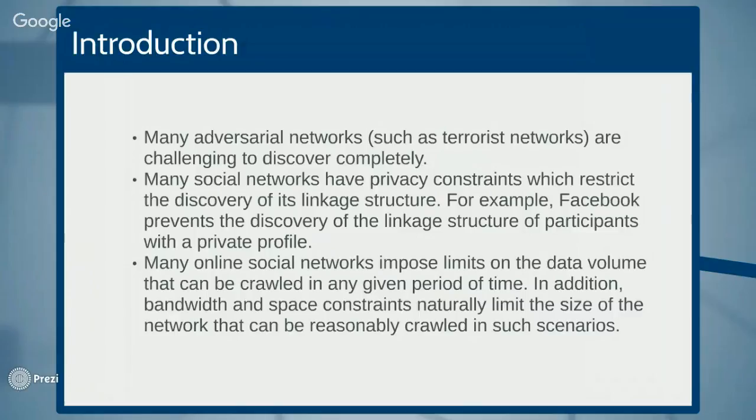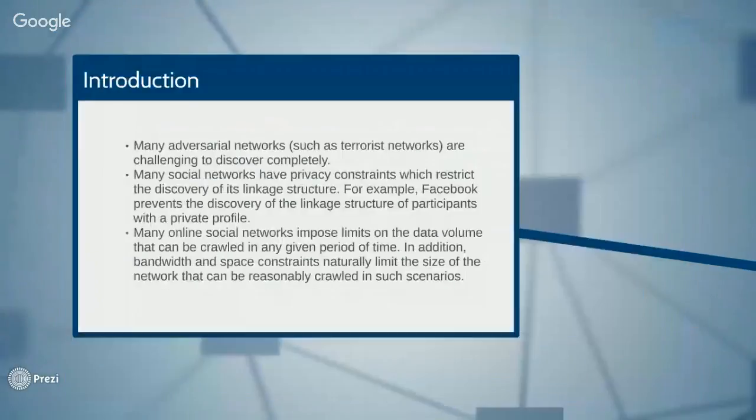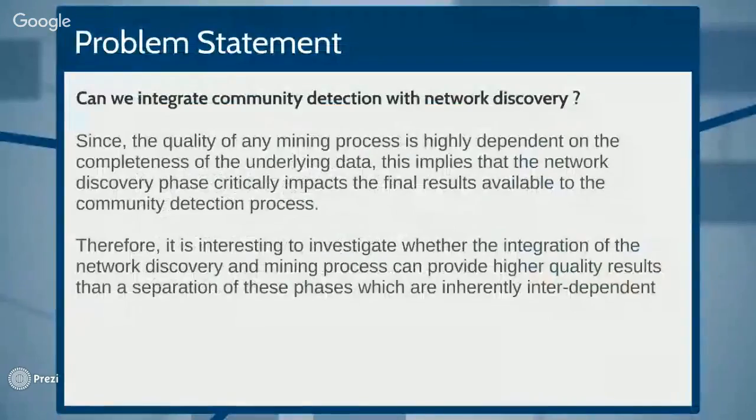It's not possible for us to get the complete graph anyhow. So it does make sense to incorporate both the parts in the same algorithm, since the quality of the mining process will obviously depend upon network discovery, so we try and incorporate those two together.